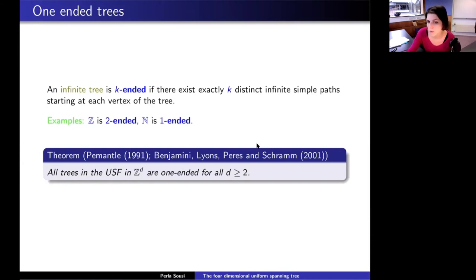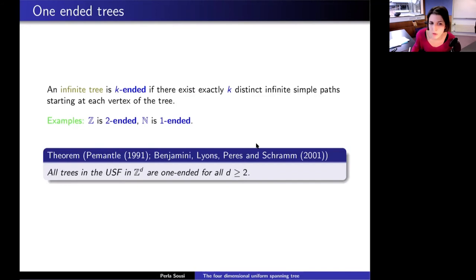In dimensions 5 and higher, he proved that they are at most two-ended. Then Benjamini, Lyons, Peres, and Schramm, 10 years later, showed that in all dimensions all trees are always one-ended with probability 1. Of course, here we need d greater than or equal to 2, because in dimension 1 it's the whole of Z, so it is two-ended.